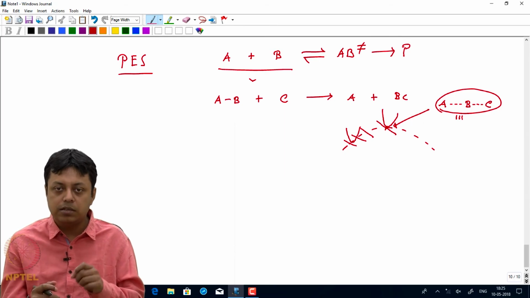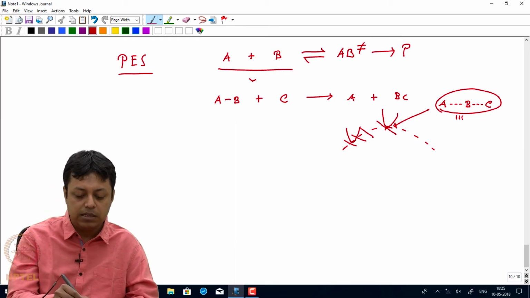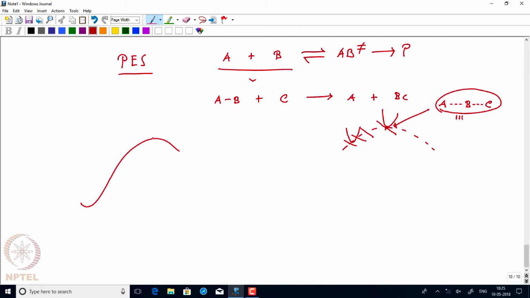Also, as a final note, we discussed that the transition state exists at the saddle point, but it is not always true. There are many sophisticated versions of transition state theory which talk about the trajectories going from reactant to product, and detailed quantum dynamical calculations show that there could be some trajectories which come back near the transition state region.